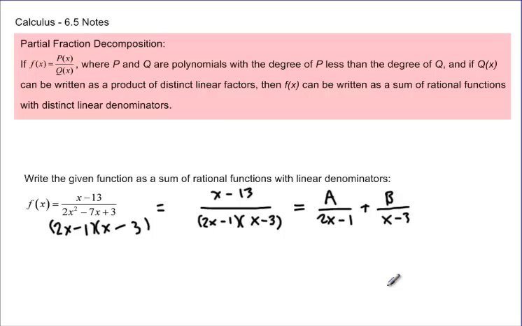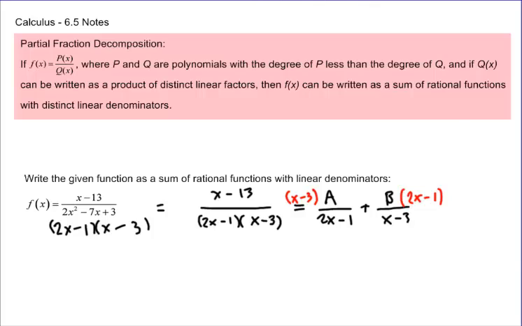Okay? And if I'm going to add these two guys up on the right so that I can get x minus 13 over the two guys on the left, notice that I need a common denominator. And in order to get a common denominator, I have to multiply the A by x minus 3, and I have to multiply the B by 2x minus 1. Okay, that gets me my common denominator.